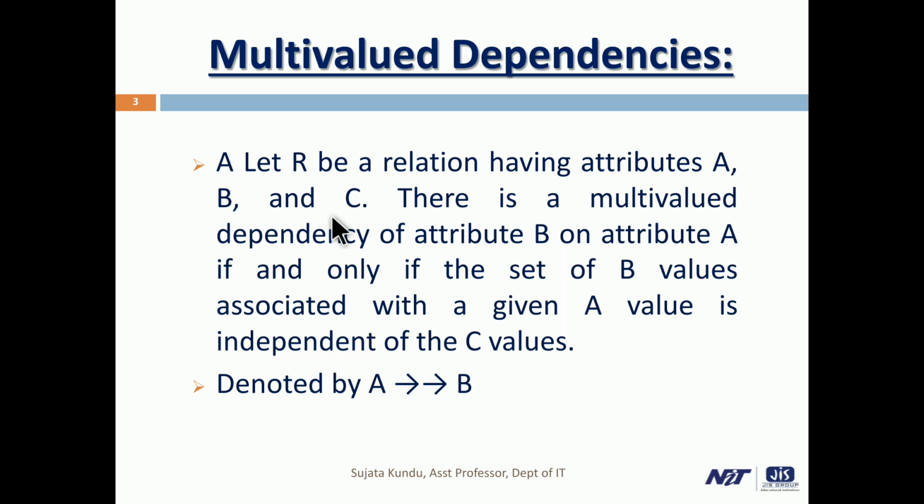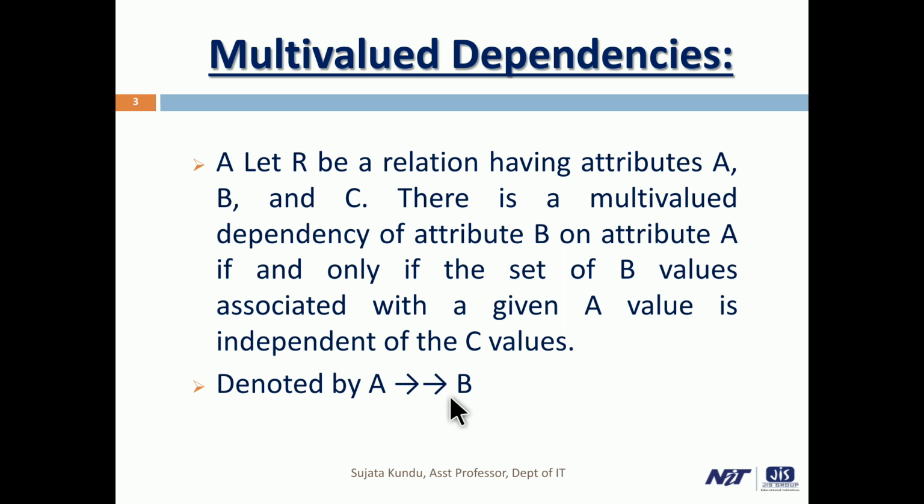The dependency A double arrow B is called a trivial multi-valued dependency if B is a subset of A, or A union B is all of the relation R.